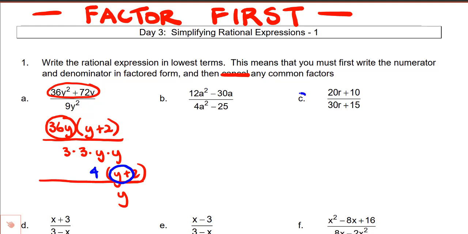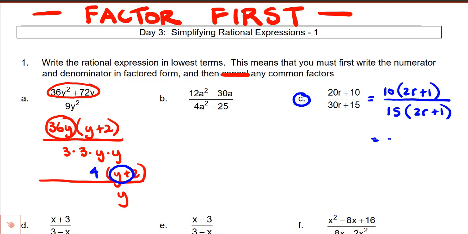You try C. Factor first. Okay, so for this one, greatest common factor, what's common on top? 10's good. Who's left? 2r plus 1. And on the bottom, what's common? 15. What's left? 2r plus 1.